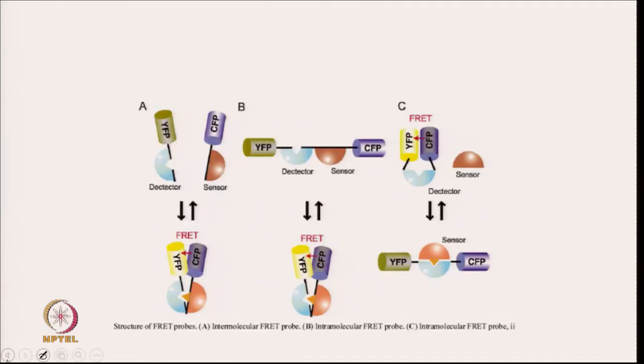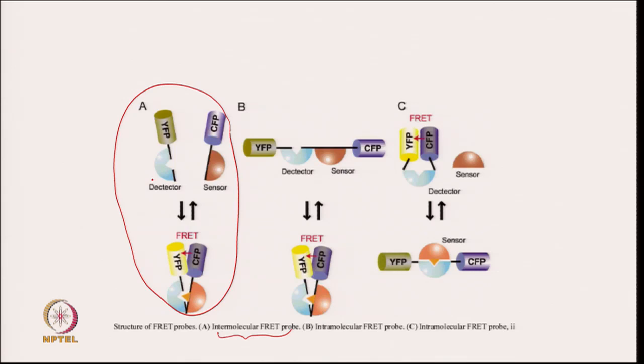So, FRET is generally utilized in three different ways. One is by using it as an intermolecular FRET probe. Scheme 1 is given here, where we are trying to look at interaction between two different molecules. One molecule, which is called sensor, is tagged with CFP protein and another, which is known as detector, is tagged with YFP.